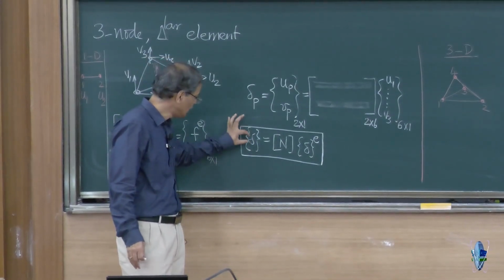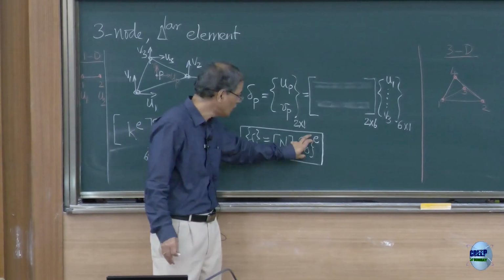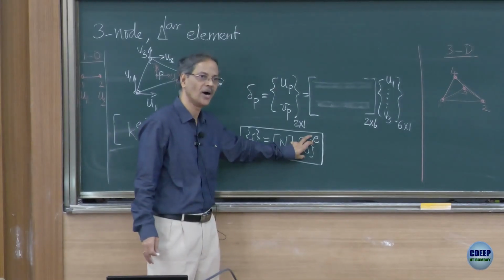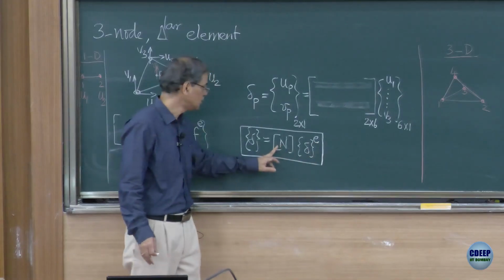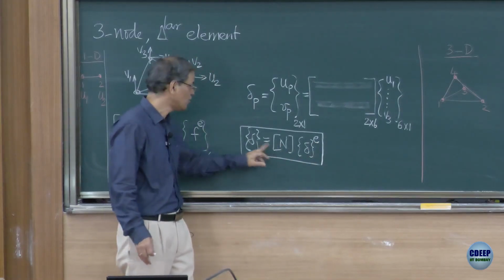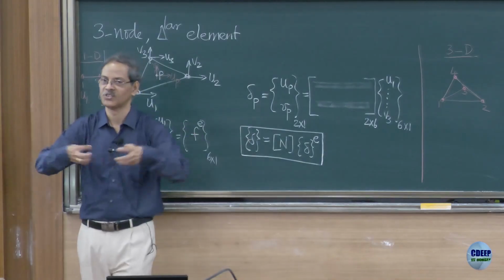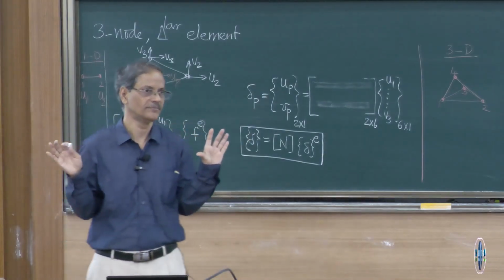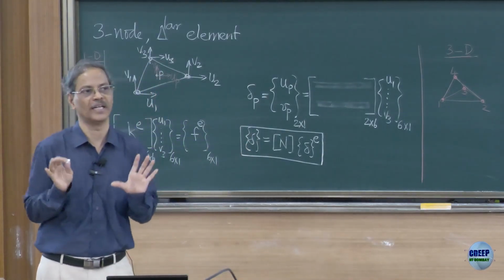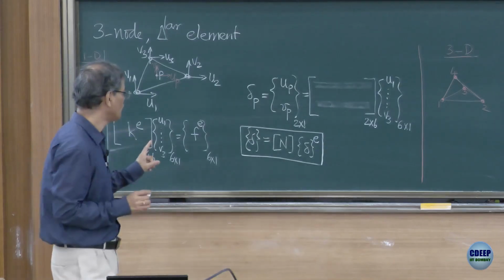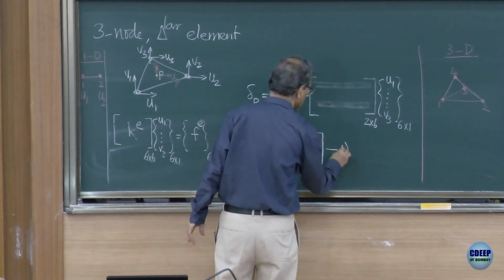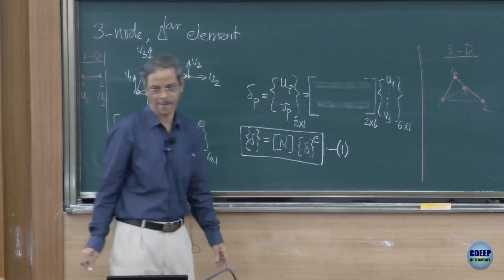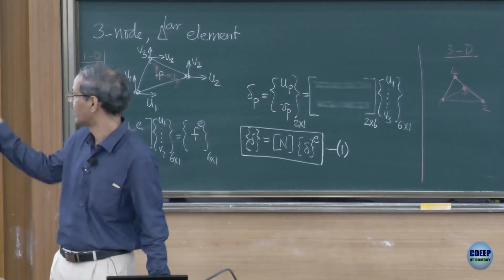At any point in the element it is interpolated from the nodal values of the field variable of that element. Therefore, E at the top, through the shape functions, the sizes of the matrices will be stretched, okay, to suit that element. So, this is going to be my first, I would say, generic notation that we are introducing in the course. Okay. So, that is what I have written here.